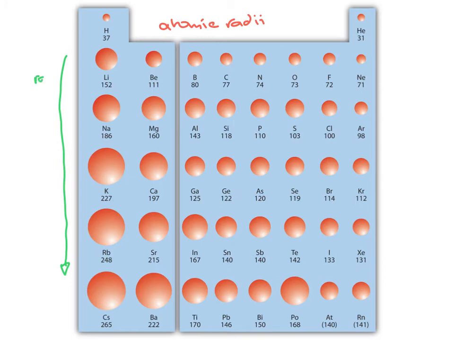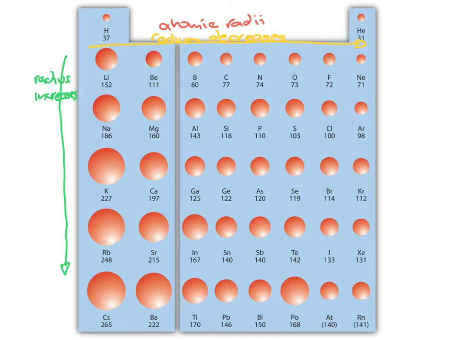So the radius increases as we go down. And if we go across a period, the radius decreases.